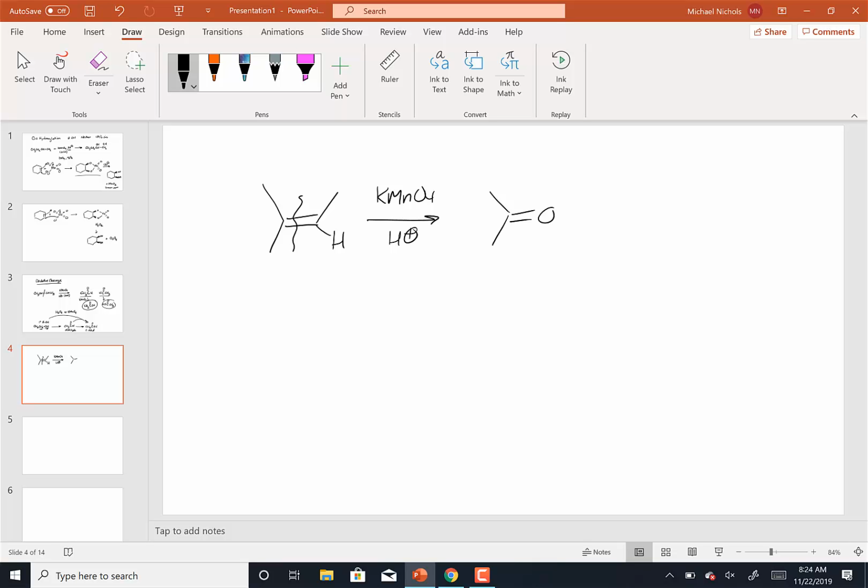That means the molecule on the left becomes a ketone. The molecule on the right becomes an aldehyde. And that aldehyde, in the presence of the KMnO4, will be oxidized to the carboxylic acid.